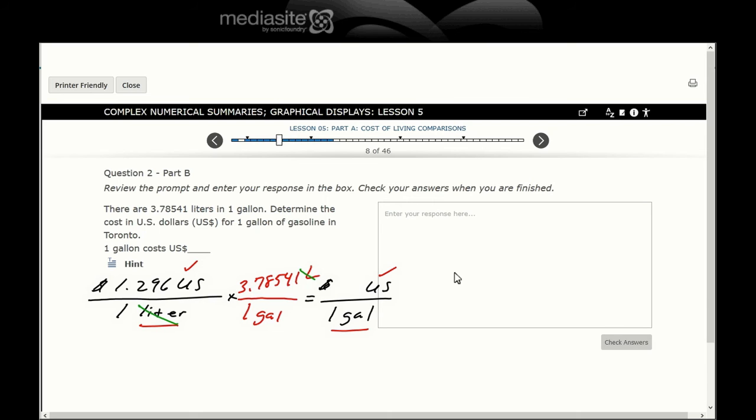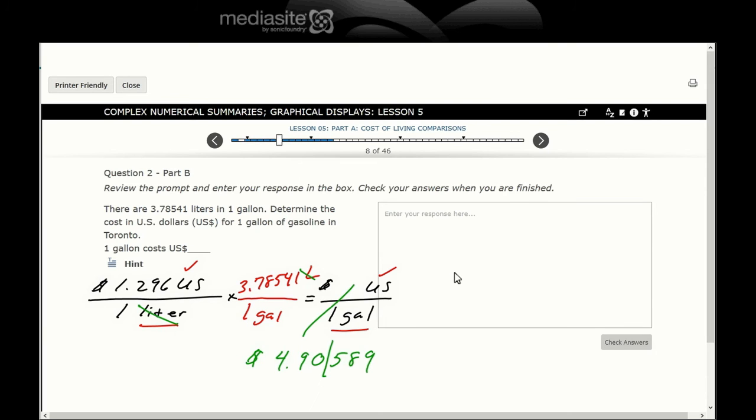So let's multiply the 1.296 by 3.78541. And I got 4.9059.